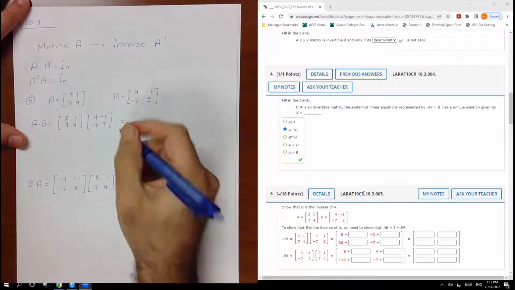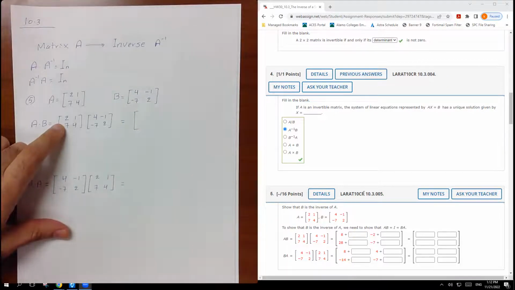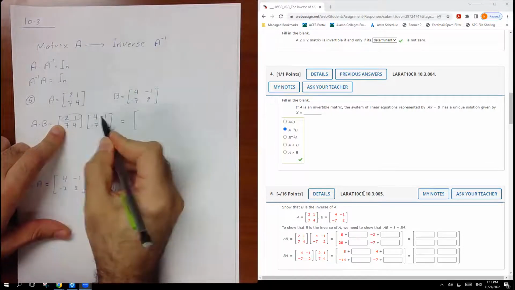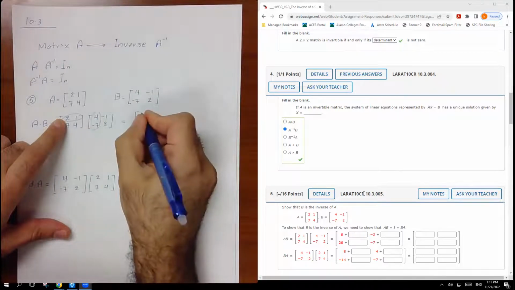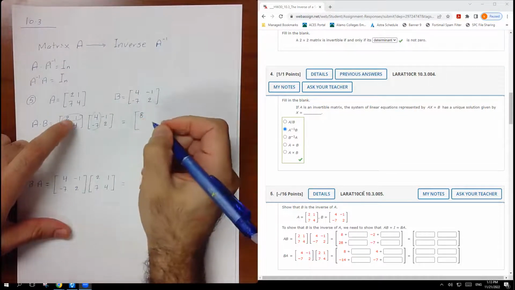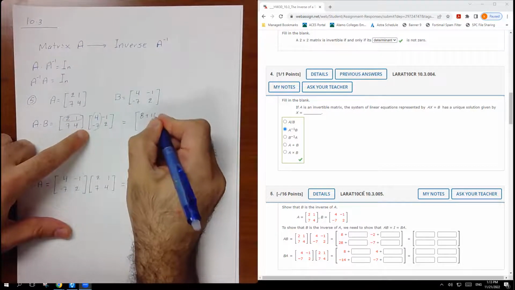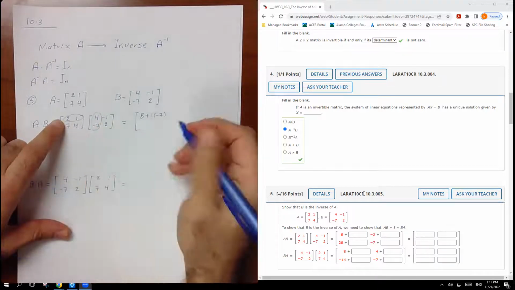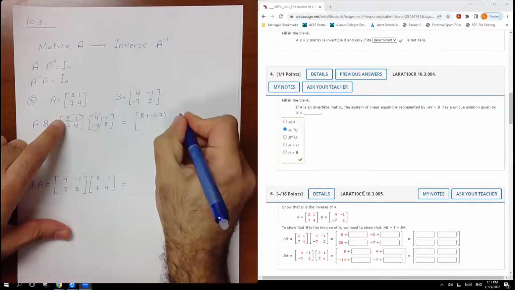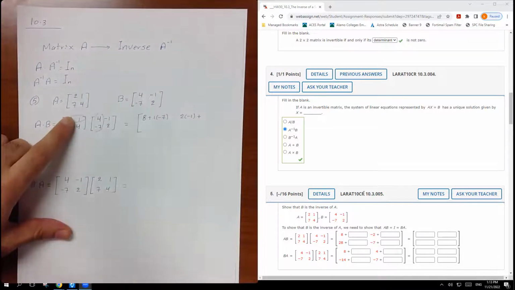So if we multiply A times B, the first row times the first column: 2 times 4 is going to be 8, plus 1 times -7. The first row with the second column: 2 times -1 plus 1 times 2.